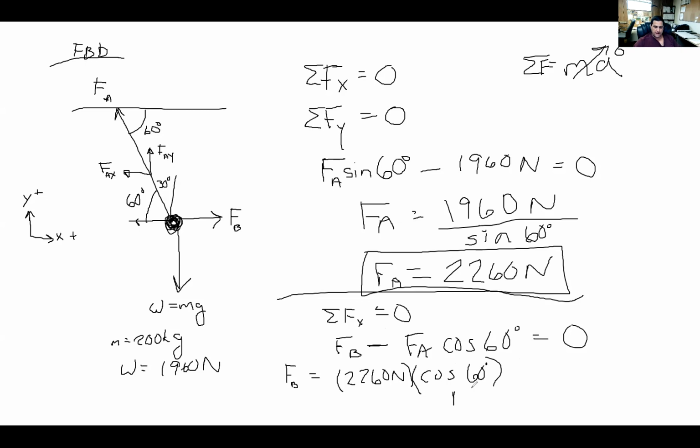And if you solve that, you should get FB is equal to 1,130 newtons. So if you end up with too many unknowns, switch to the other direction and see if you can solve it that way. Okay? I'm going to stop sharing this.